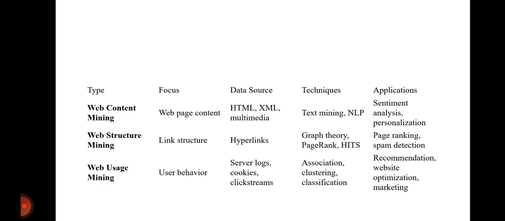Whereas in web structure mining, we use techniques of graph theory, and the applications are spam detection and page ranking. Whereas here, association, clustering and classification are used in recommendation systems, website optimization and marketing.